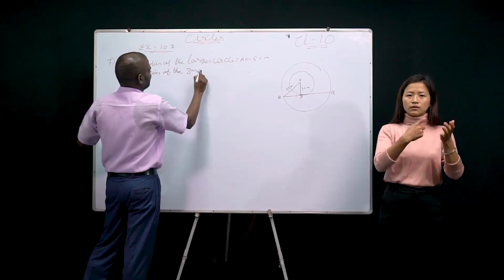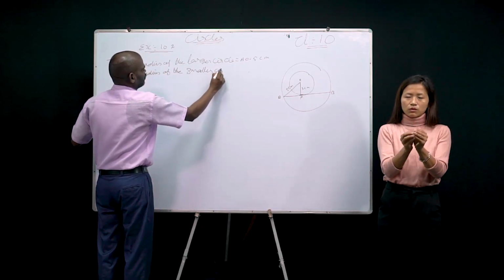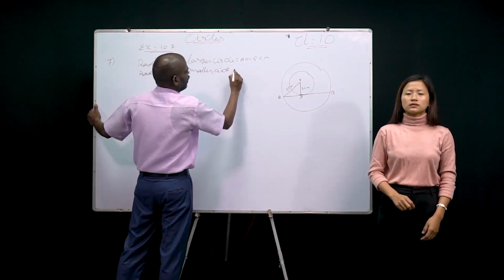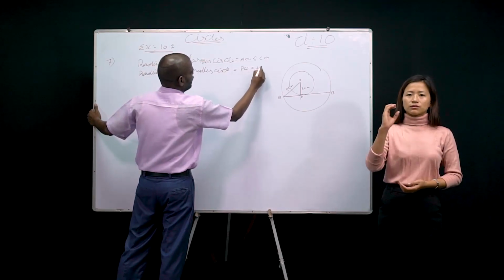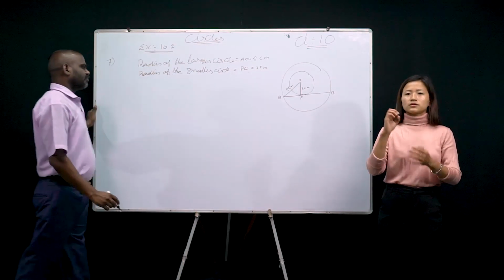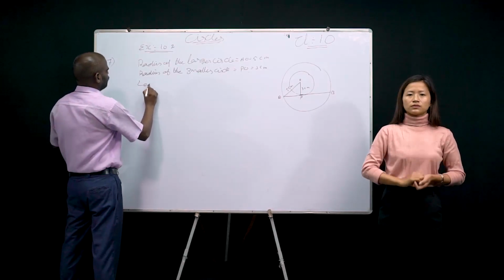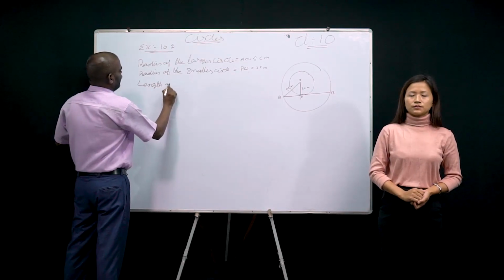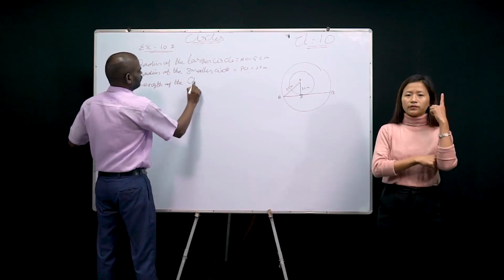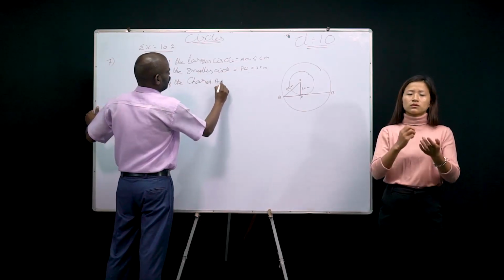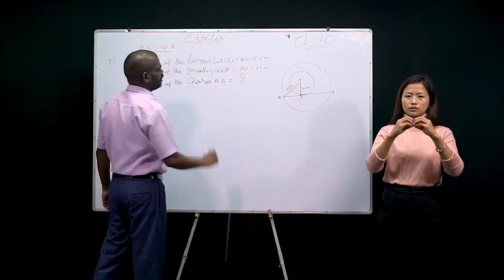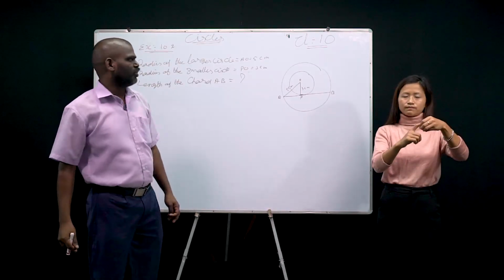Radius of the smaller circle, that is PO, is equal to 3 cm. Length of the chord AB is equal to question mark. We are going to find AB.